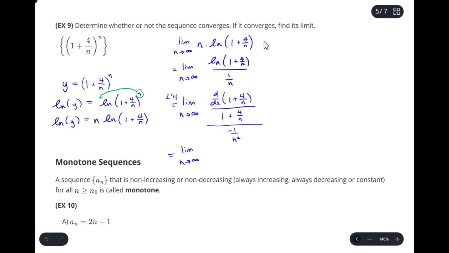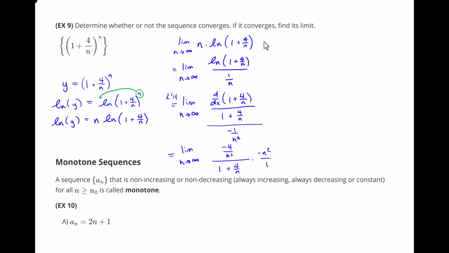Actually, let me write it like that, over 1 plus 4 over n. Now I'm going to multiply that by the inverse of the denominator, so basically negative n squared, but I'll write it as negative n squared over 1. Alright, because what that will do is negative 4 over n squared times n squared.